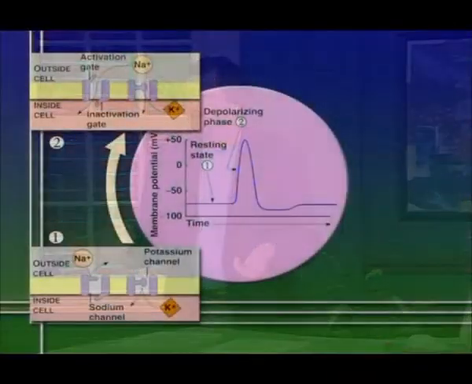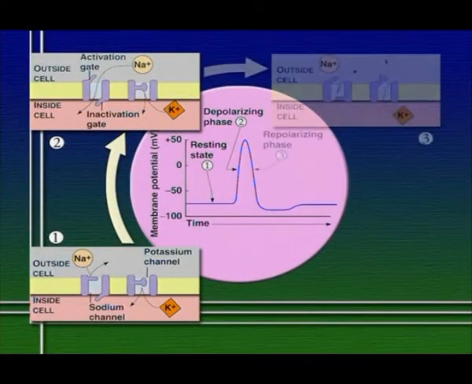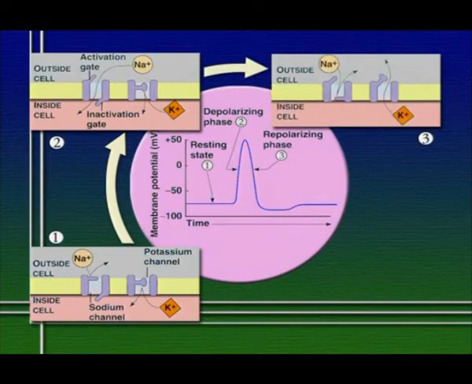Now, remember also that these sodium voltage-gated channels don't stay open very long. They only stay open a millisecond or two. So very shortly after all these sodium voltage-gated channels have been opened, they snap shut. All of a sudden, the permeability of sodium comes crashing down. And at about the same time, those voltage-gated potassium channels, which are slower in responding to the depolarization, now begin to open.